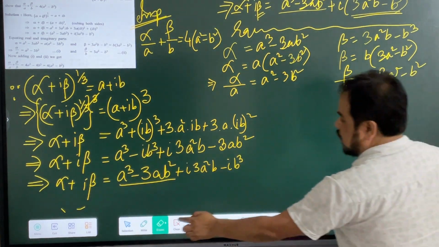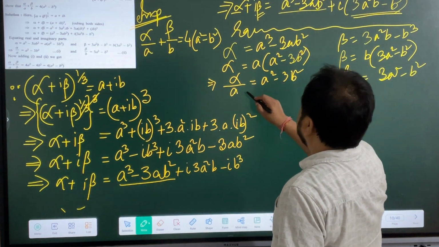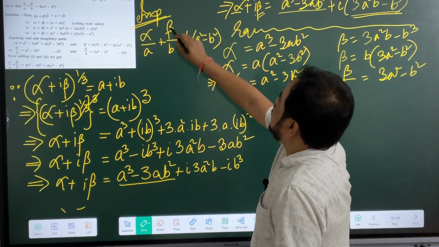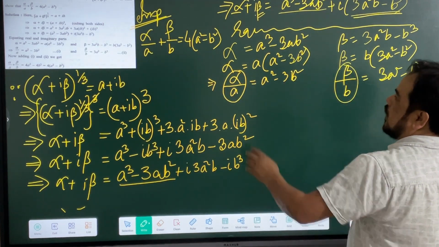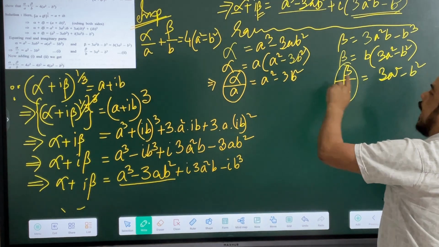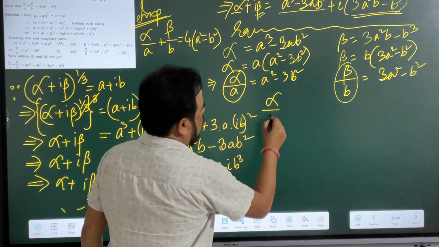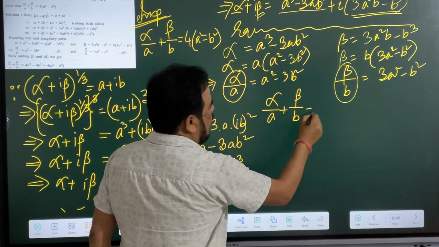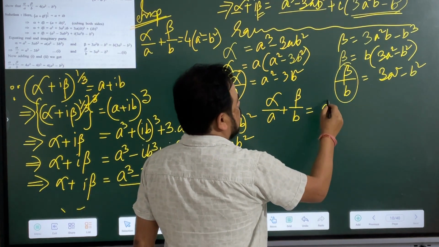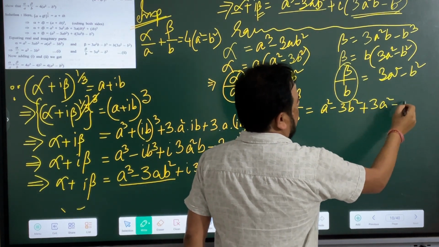This is just related to algebra. Alpha by a plus beta by b. We have got alpha by a and beta by b, in between a plus sign. So we will add this. Alpha by a plus beta by b equals a square minus 3b square plus 3a square minus b square.